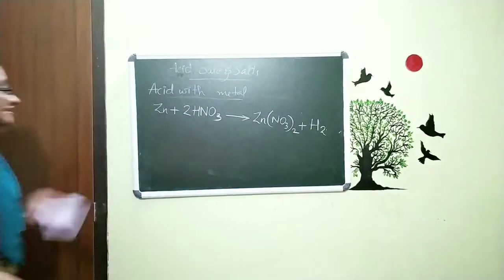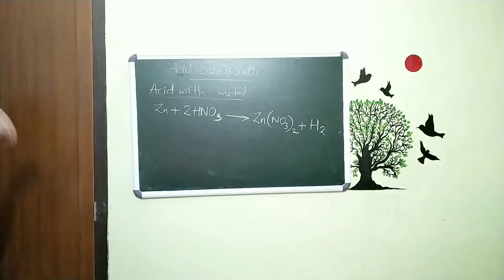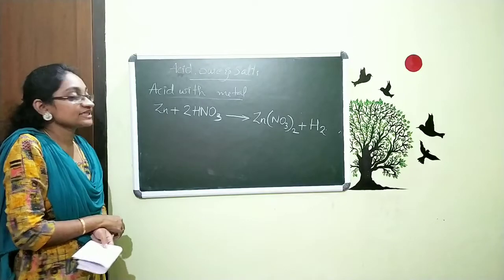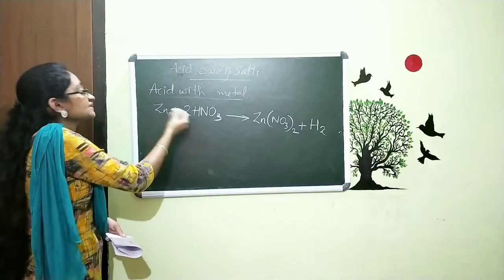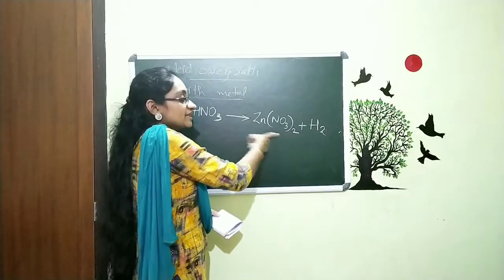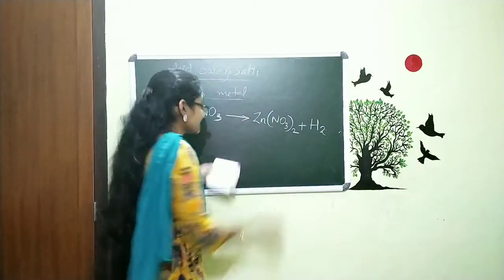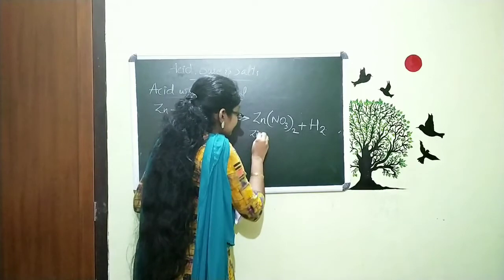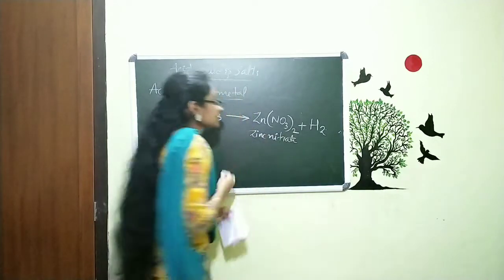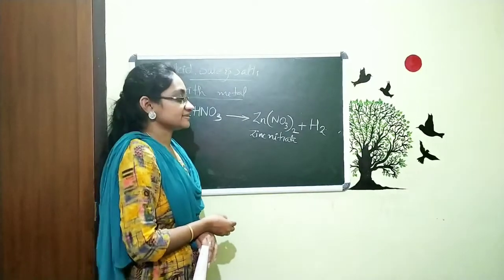This is the equation for the reaction of zinc with nitric acid. When Zn is reacted with 2HNO3, we get one salt. And the name of this salt is zinc nitrate, and hydrogen gas.